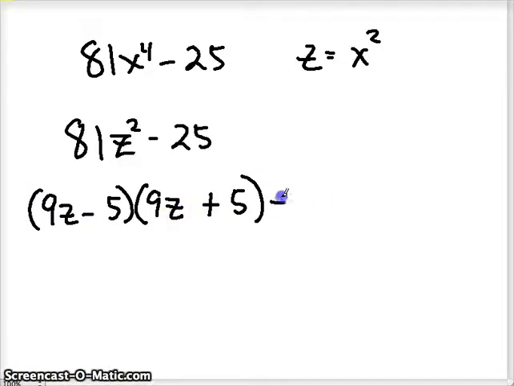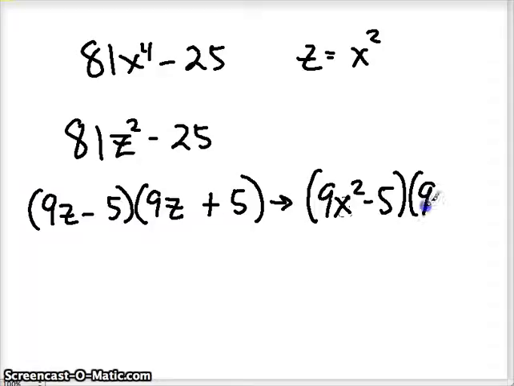And then if I replace my z there, I get 9x squared minus 5, because 9x squared, that's what z is, and 9x squared plus 5. So take a look. Can we refactor any of these? No. So if we set each of these parentheses equal to 0, we could solve for x, and we would solve for this polynomial.